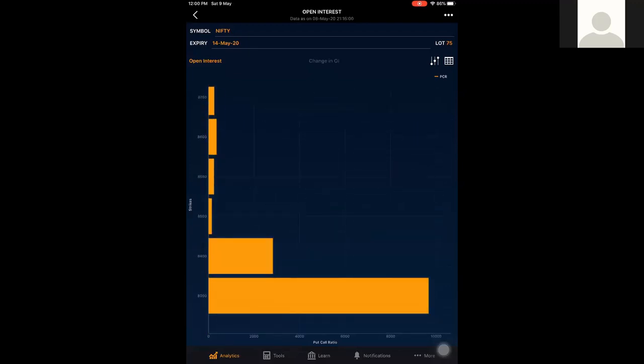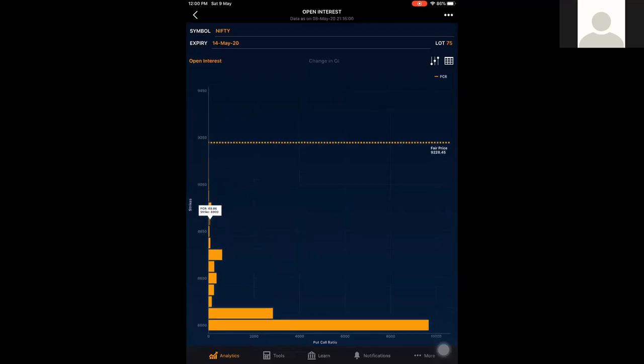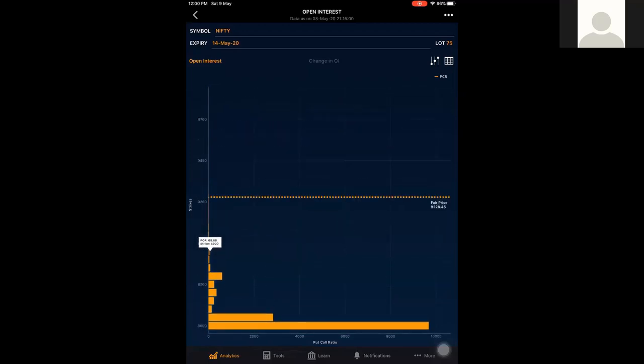As few strikes dominate it, you will always see the ratio coming in this fashion. So I prefer to look at the PCR more in the table view. If you look at the PCR here, you can get all the strike wise PCR of Nifty. You can change the symbol, make it Bank Nifty. So it is for that particular expiry.